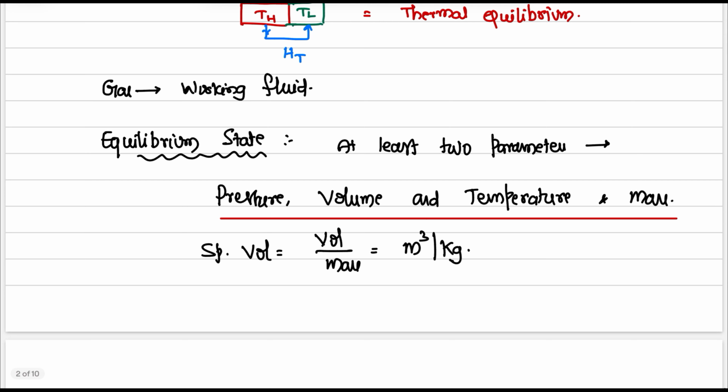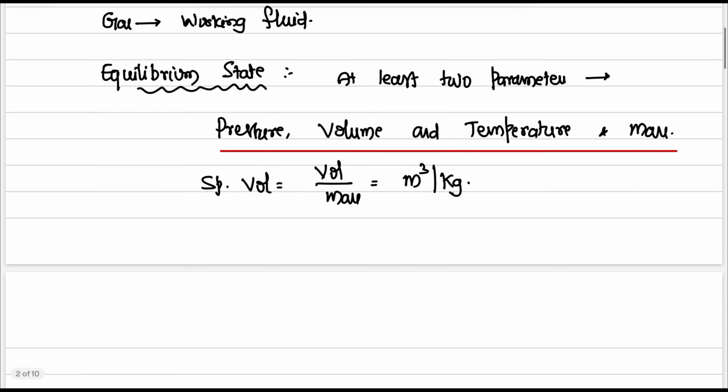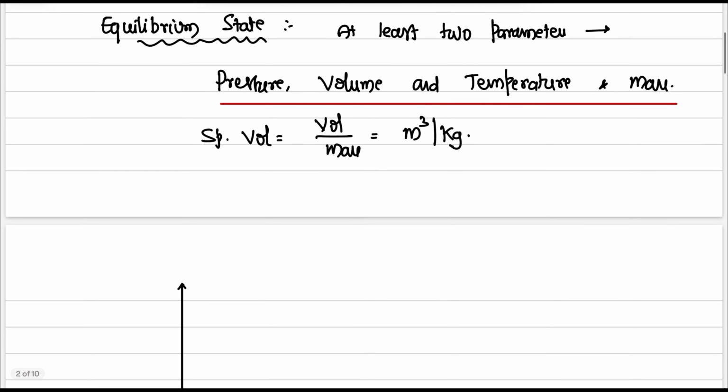In an equilibrium state, or state of a particular working fluid, let us say state A, we require at least two properties, two parameters. Let us say we kept the temperature constant.